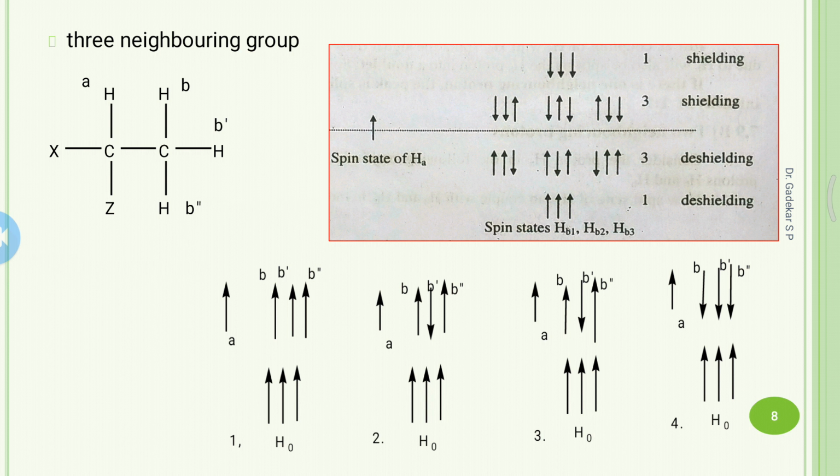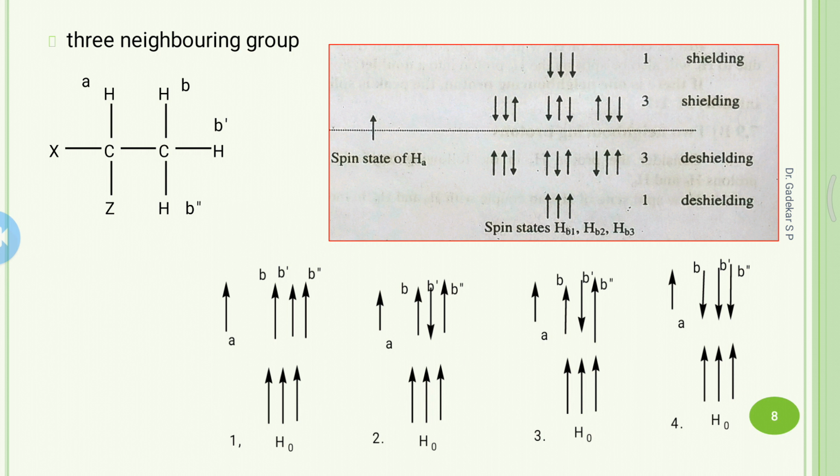This three neighboring protons splitting pattern is observed as 4 signals, a quartet. A interacts with B dash and B double dash to split into 4 signals.